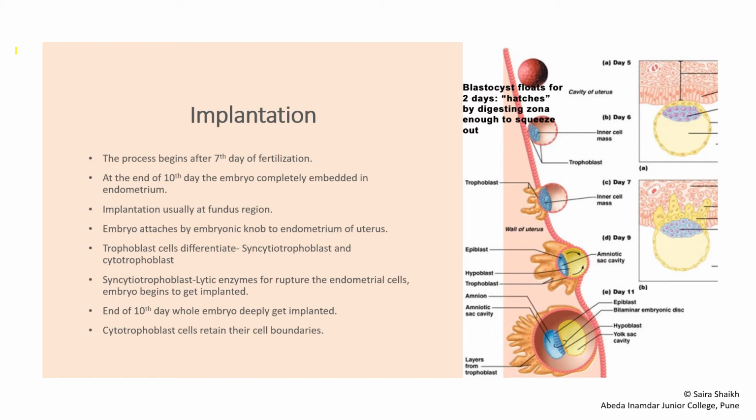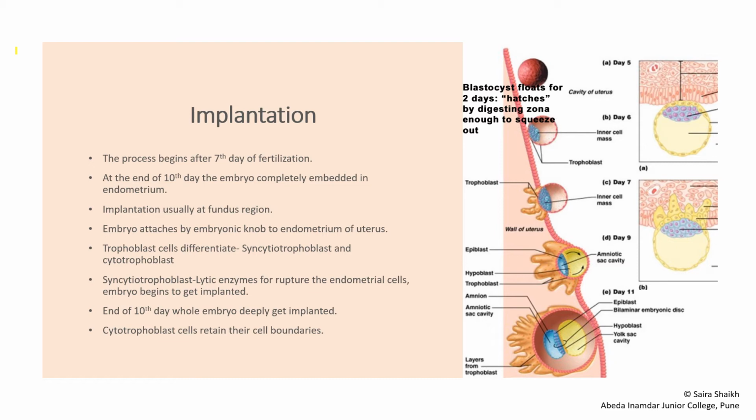The blastocyst has trophoblast cells, which are attached from the inner side to the inner mass cells. From the point of attachment of the inner mass cells with the trophoblast, the blastocyst starts implanting into the endometrium.